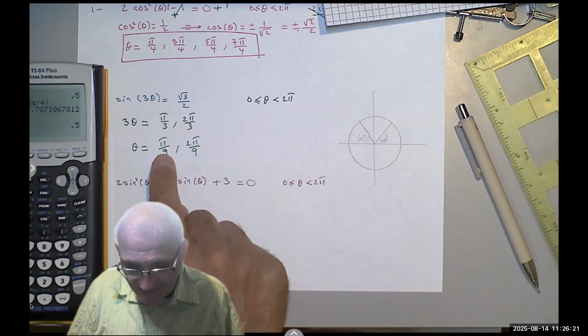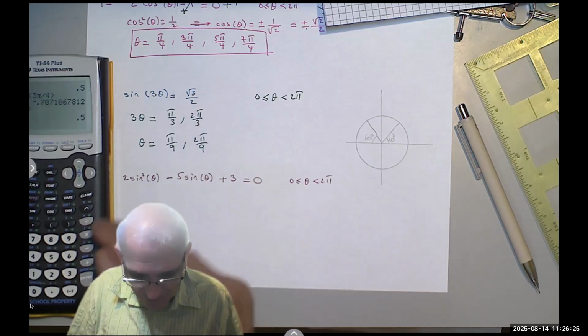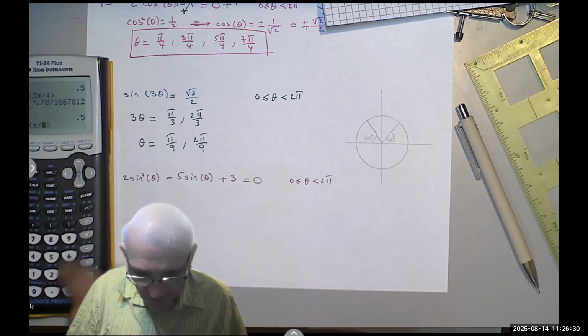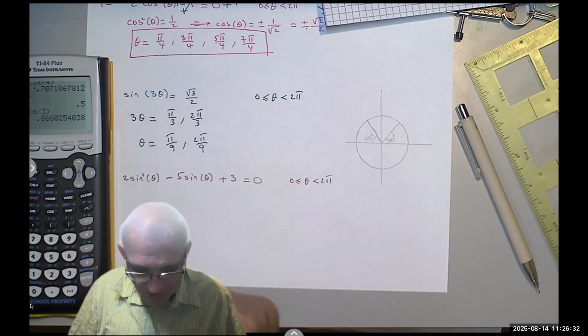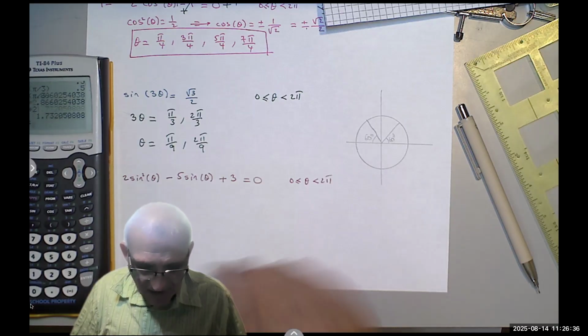First of all, you can take theta as pi over 3. We know that sine of pi over 3, of course, is root 3 over 2. If you multiply it by 2 and then you square it, you should get 3.